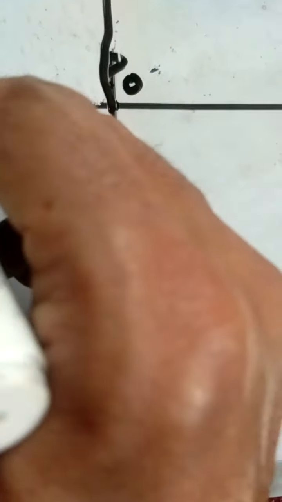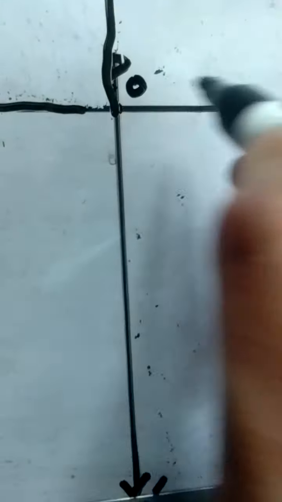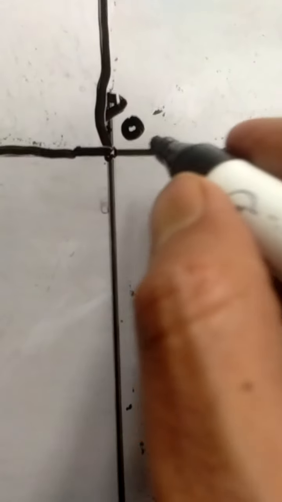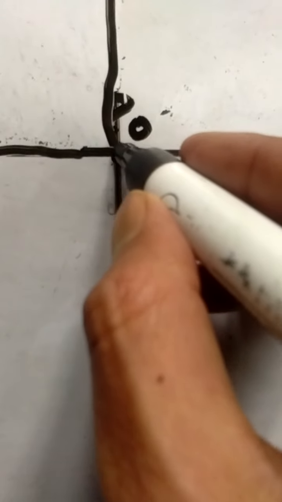Now, just like a number line, in the center we take 0, and towards the right hand side we take positive numbers, and towards the left hand side we take negative numbers.